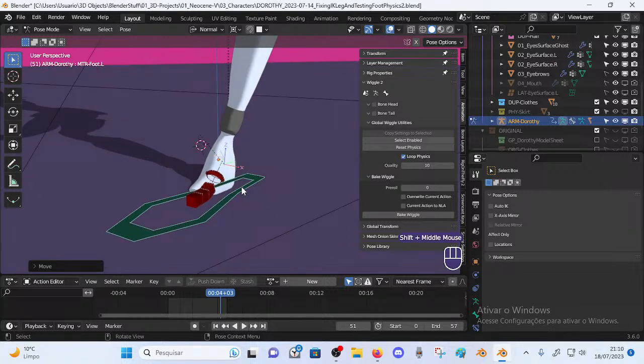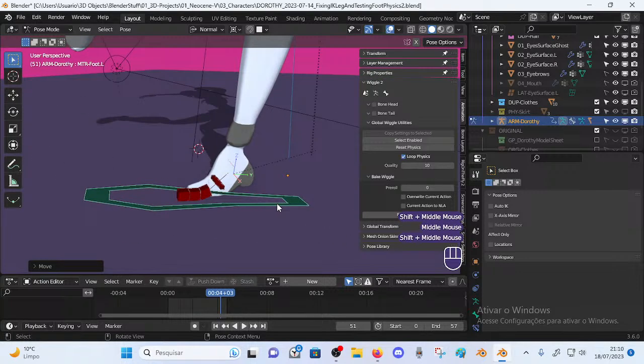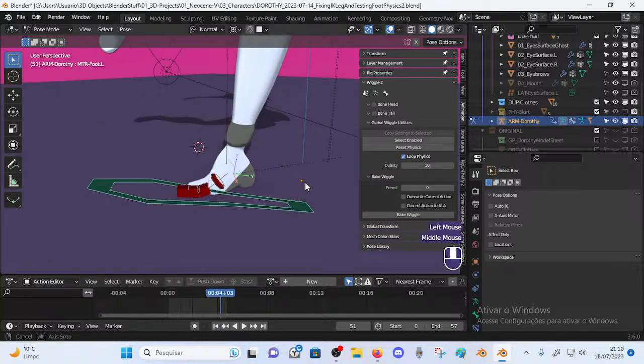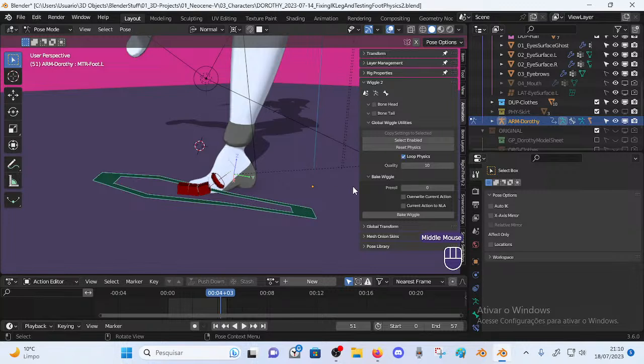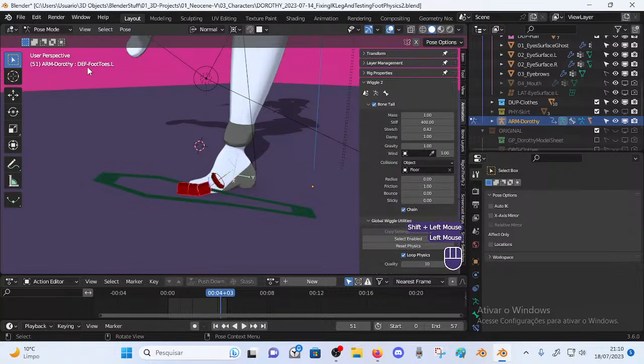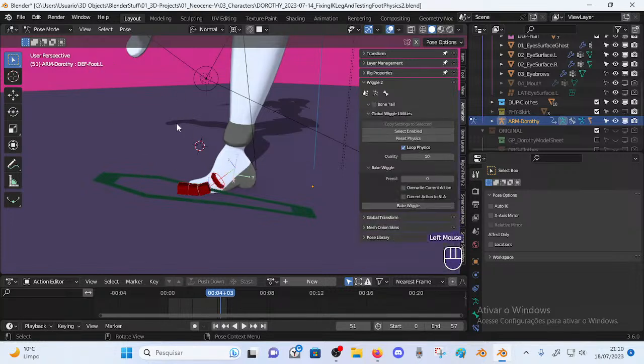So what I was attempting to do was that on the floor, there's a floor mesh object here, and I've made collisions because these two bones, the toes bone and the foot bone, are deformed bones.